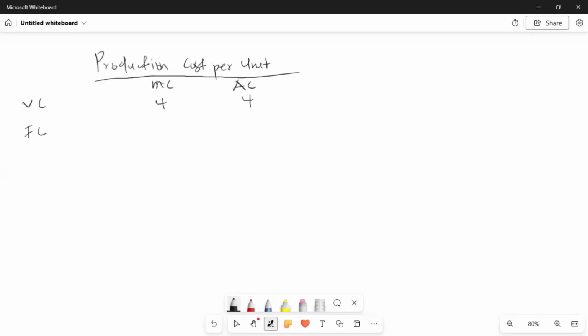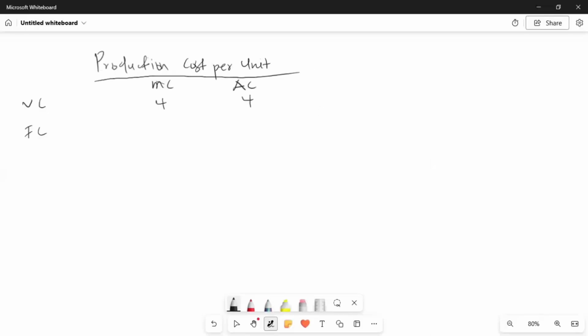The question says the predetermined recovery rate is 1.2 Ghana cedis, meaning that is the amount they are going to use to recover the fixed cost. So the predetermined recovery rate is the fixed cost per unit.